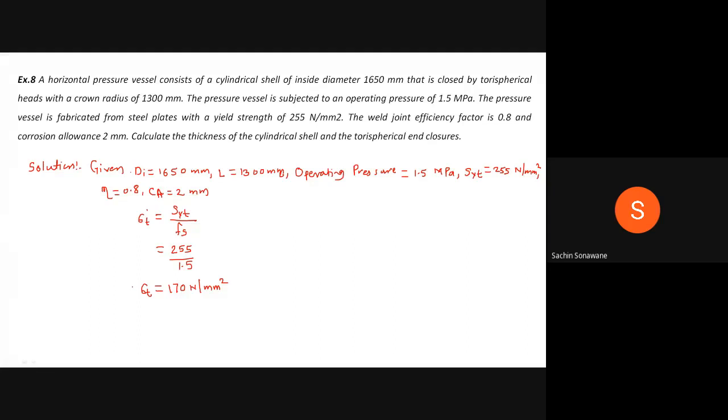Now we have to calculate design pressure PI.